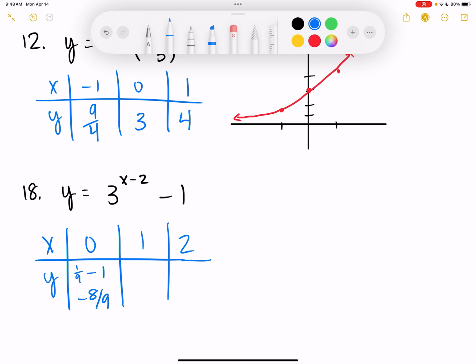Then it's going to be -2/3. Yeah. So then this would be 1/3 minus 1.